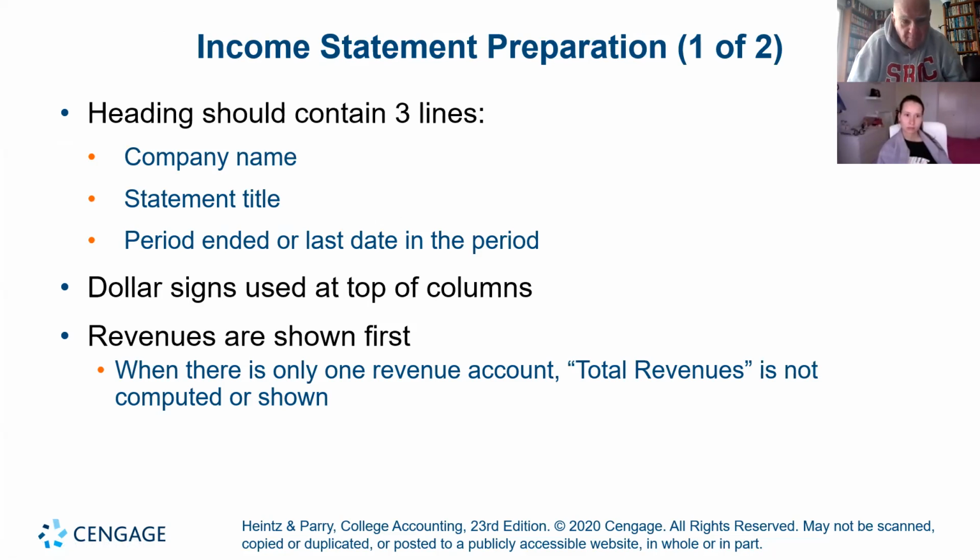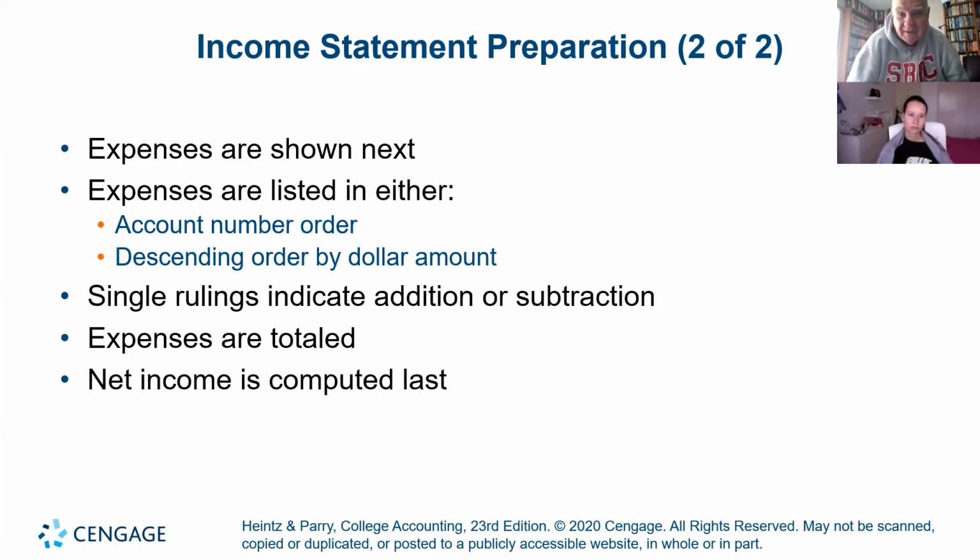Or it can just say March 2019 or whatever, okay? Don't worry about the dollar signs on top. Revenues, of course, are shown first, followed by the expenses. This is interesting. It says expenses are listed in account number order or descending order by dollar amount. I've honestly never seen that. I don't think the order is important, okay?